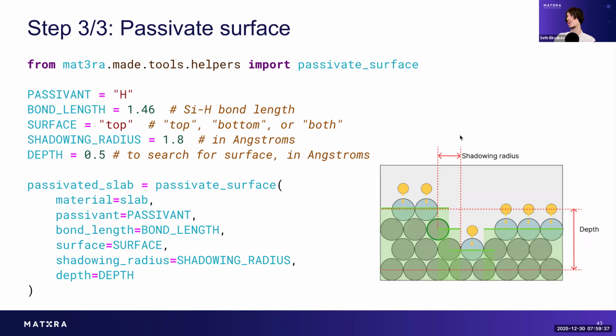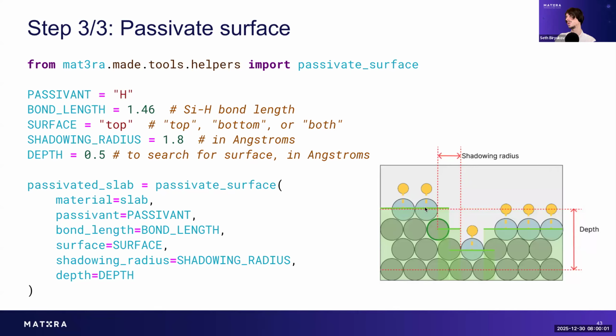So what is the shadowing radius? Each atom, when we look from any direction, top or bottom along Z, we can see an atom, and the shadowing radius is some radius that blocks the next atom from being perceived as a surface one.